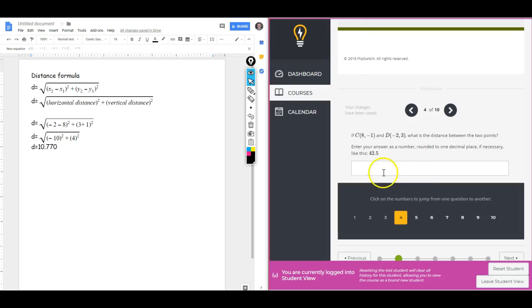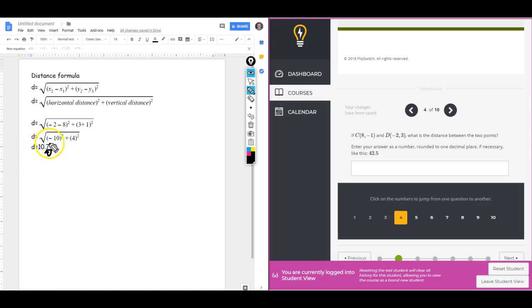10.770, and it says enter your answer rounded to 1 decimal place. Okay, so since this is our goal, the 1 decimal place, I'm going to look at the other digits. This is how I interpret it: 0.77. Is 77 closer to 80 or closer to 70? 77 is closer to 80, so that's why when you hear that 7 is going to round that up to an 8.